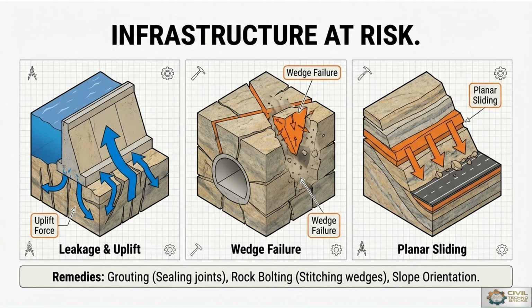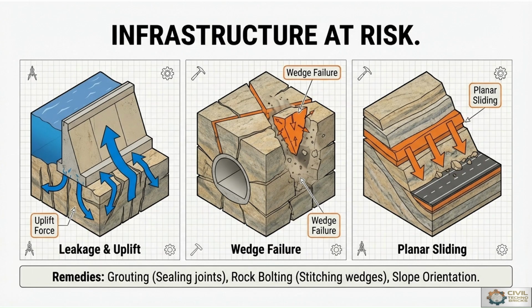So the infrastructure at risk is most important to study from a civil engineer's point of view, to prevent disasters and to save our structures and the beneficiaries dependent on them.